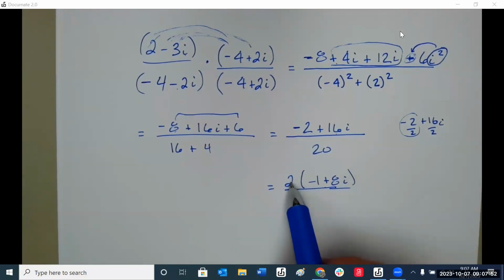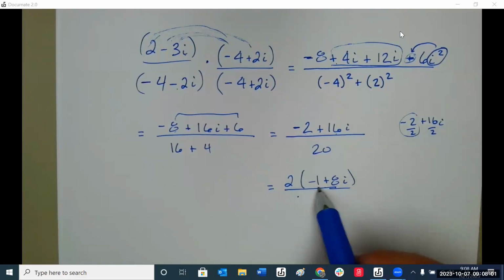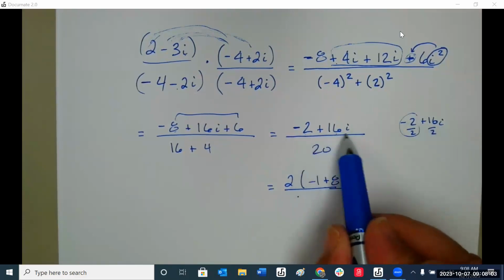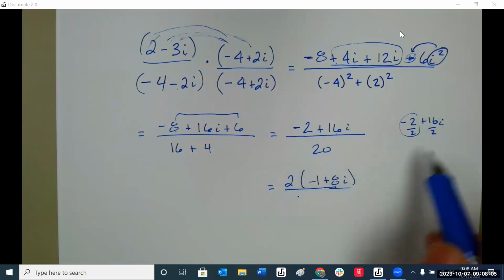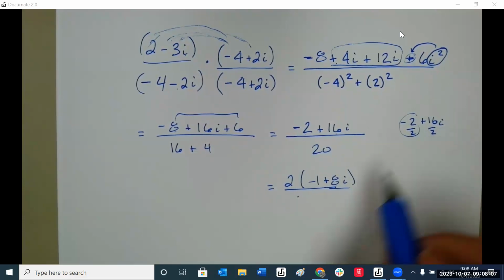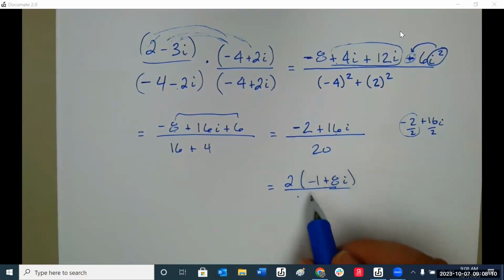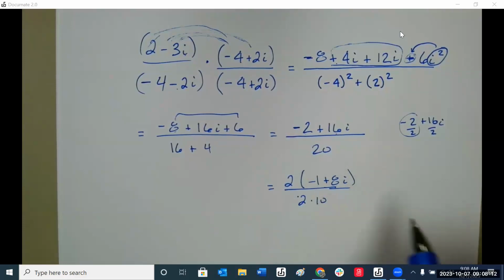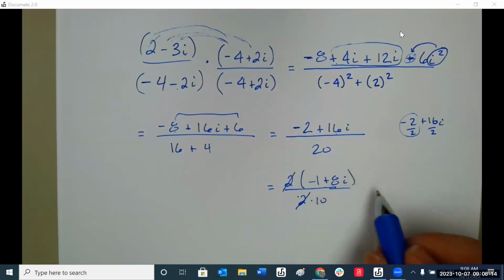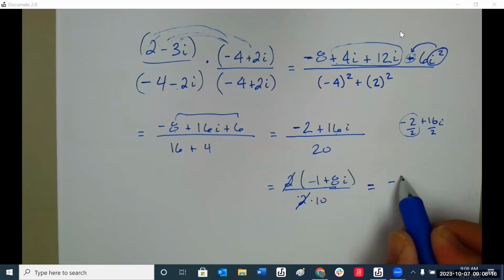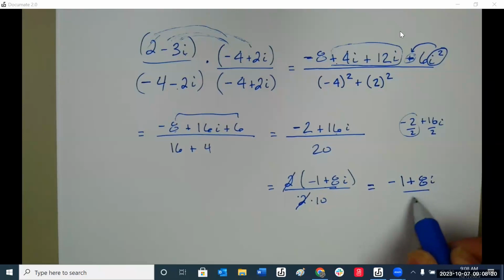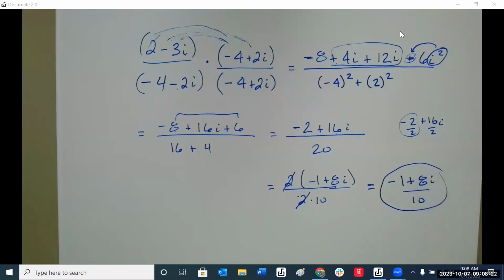I can check that. 2 times -1 is -2. 2 times 8 is 16. So whenever you factor anything out, whatever goes inside is just divide everything there by what you factored out. Whatever's left goes in there. And on the bottom, we have 2 times 10. So our answer is -1 plus 8i over 10. That is our simplified answer.